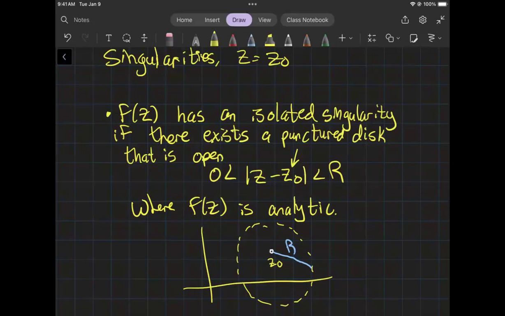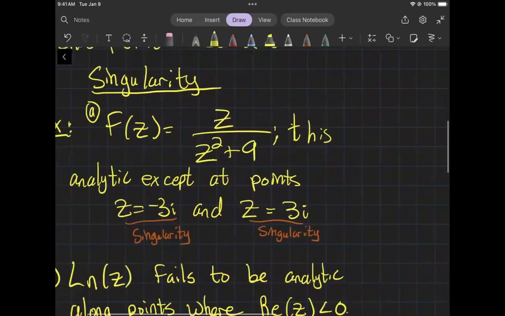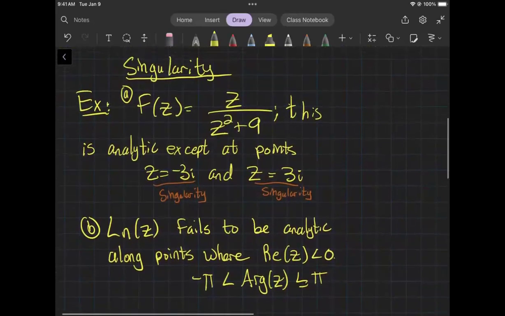And so it's everywhere analytic except at the center. Okay. All right.